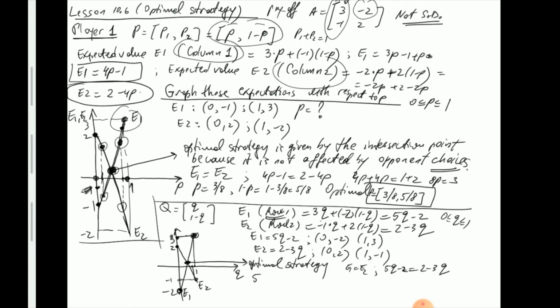Move the terms: 5q plus 3q, 2 plus 2, 8q equals 4, and that gives me q equals 1/2. And obviously 1 minus q is 1/2 as well. So the optimal strategy for the second player is to choose the two columns equally likely, 1/2, 1/2, or just as often, 50-50.